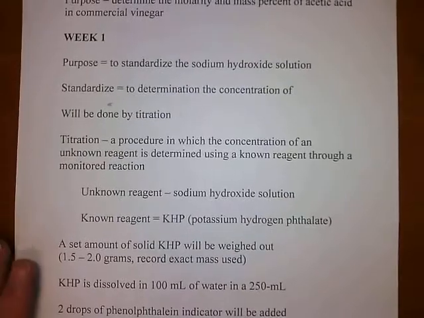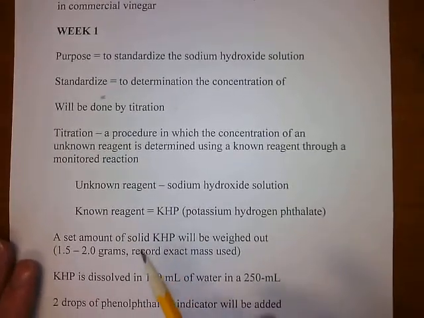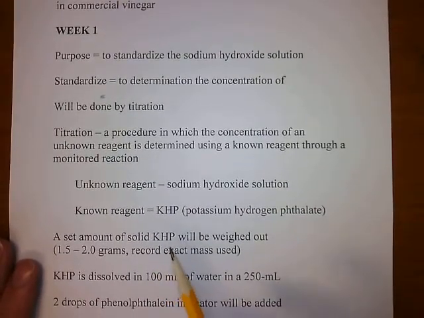So you're going to weigh out a set amount of solid potassium hydrogen phthalate, somewhere between 1.5 and 2 grams. The exact mass is not important as long as you record the exact mass that you use.